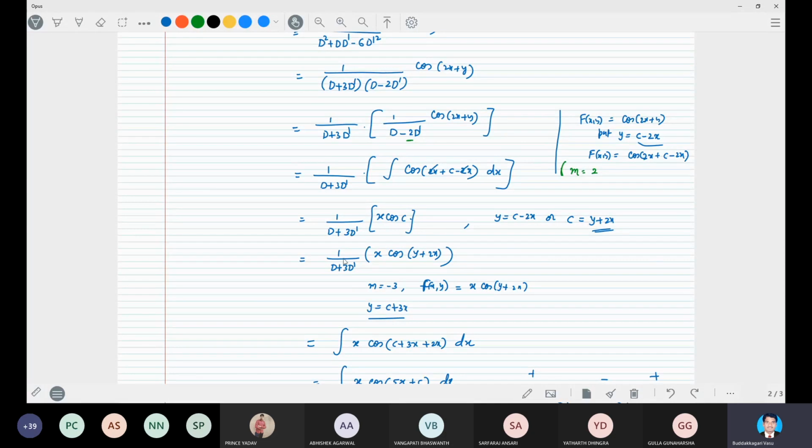Now again it will give the form 1/(D − mD') of some function of x, y. Here m = −3, and f(x, y) is x cos(y + 2x).